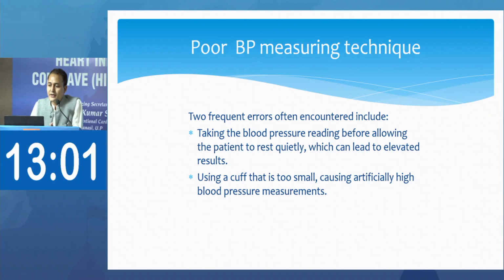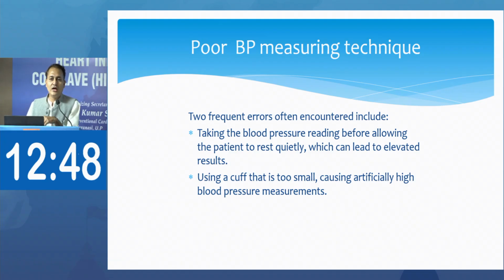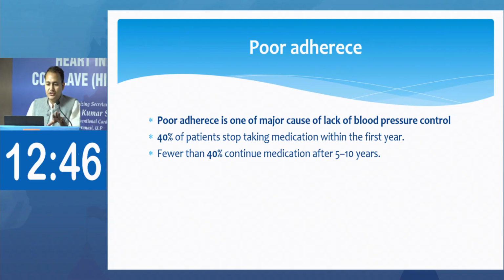Poor blood pressure measuring technique is one where the patient comes to your office and you measure a blood pressure that is high. This may be because of apprehension, white coat hypertension, or inappropriate measuring technique. So firstly we should confirm that this is true resistant hypertension.